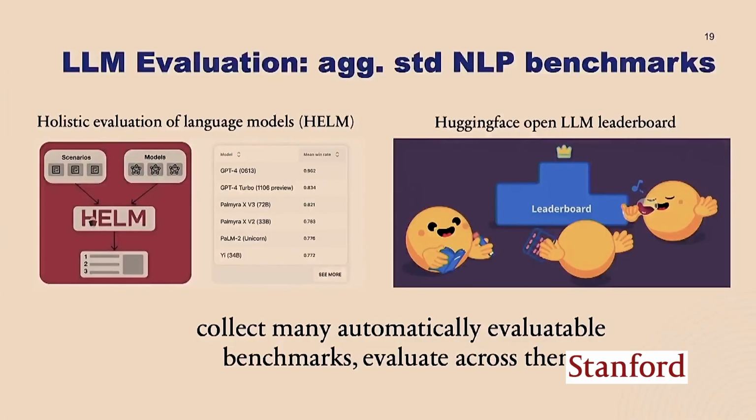One other common way, and now more common in academia, of evaluating these LLMs is taking all the classical NLP benchmarks, and I'll give you a few examples later, and aggregating everything. So you collect as many automatically evaluatable benchmarks as possible and evaluate across all of them.